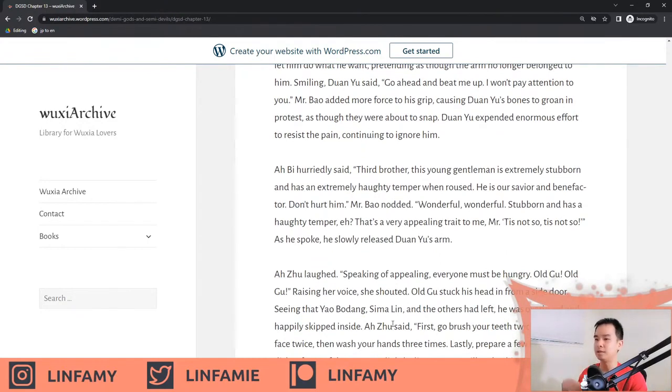Abi hurriedly said, "Third brother, this young gentleman is extremely stubborn and has an extremely haughty temper when roused. He is our savior and benefactor. Don't hurt him." Mr. Bao nodded. "Wonderful, wonderful. Stubborn and has a haughty temper, eh? That's a very appealing trait to me, Mr. 'Tis not so, 'tis not so." As he spoke, he slowly released Duan Yu's arms.